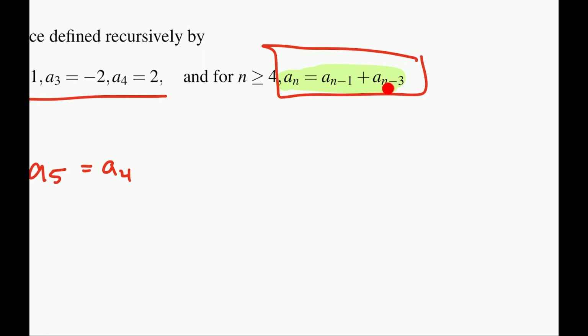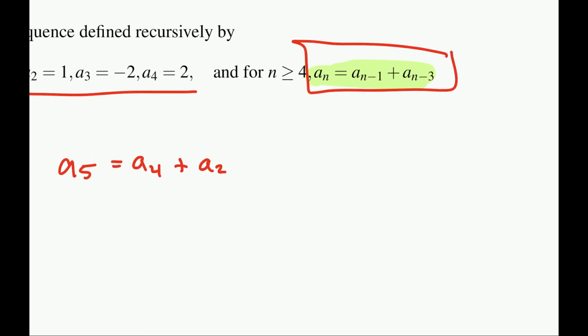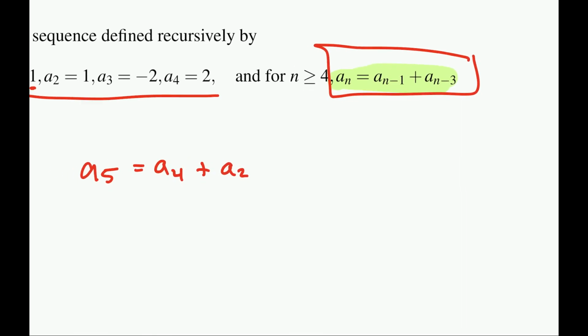But this is n minus 3. So n minus 3 here would be, if n is 5, 5 minus 3 is 2. Whatever number is here, 5 in this case, this is going to be 1 less, and this is going to be 3 less than the original one. So, just keep that in mind as you're going.